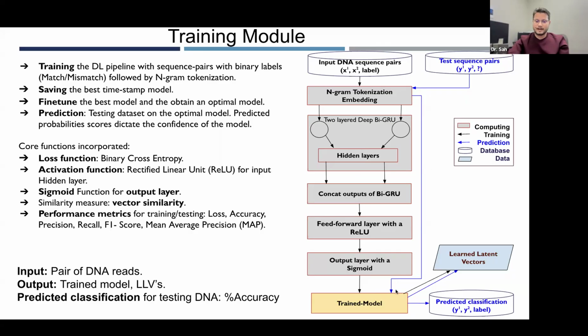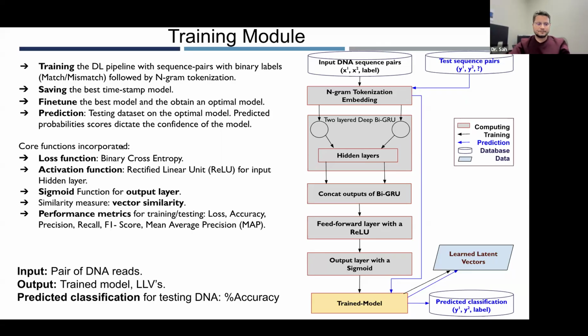So the testing value predicts the label, y1 and y2, and the prediction score determines how robust our model is. So this is just a training workflow.